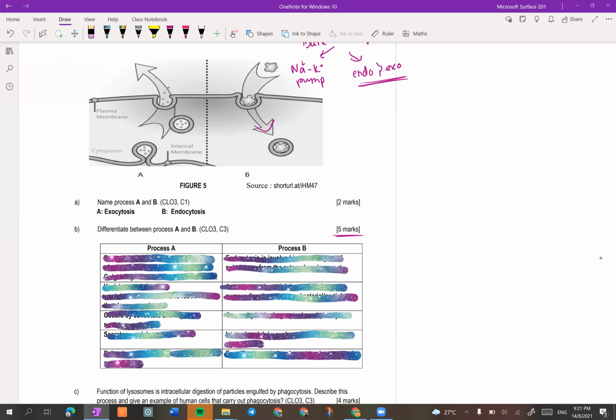So let's differentiate between A and B. What can we differentiate? Of course, the first thing is that it goes in and out, as before. You can look at this one: it goes out and fuses with the membrane.